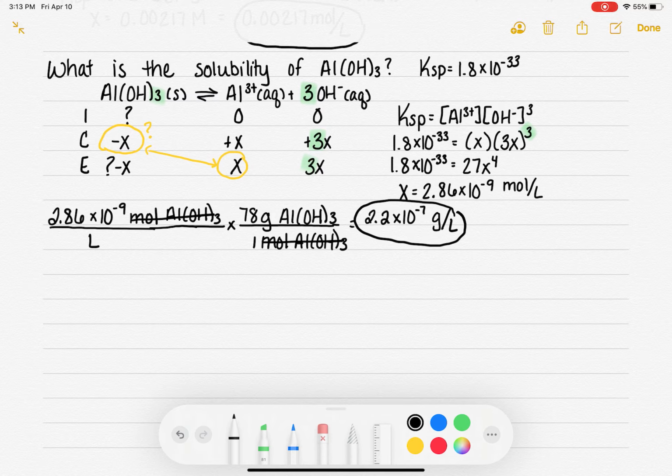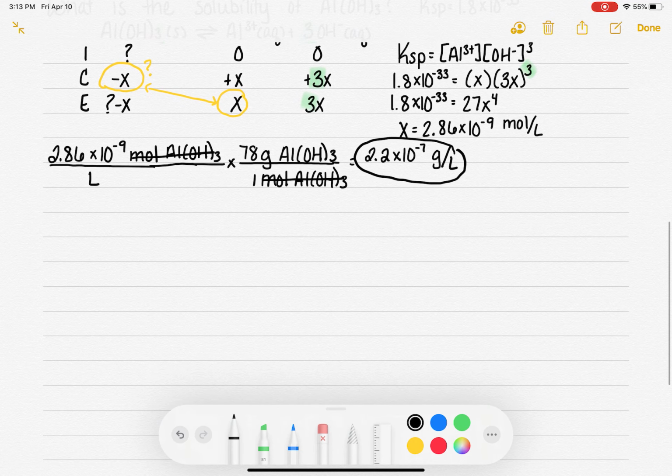Now, the last type of question that I want to show you is calculating the Ksp from concentration data.